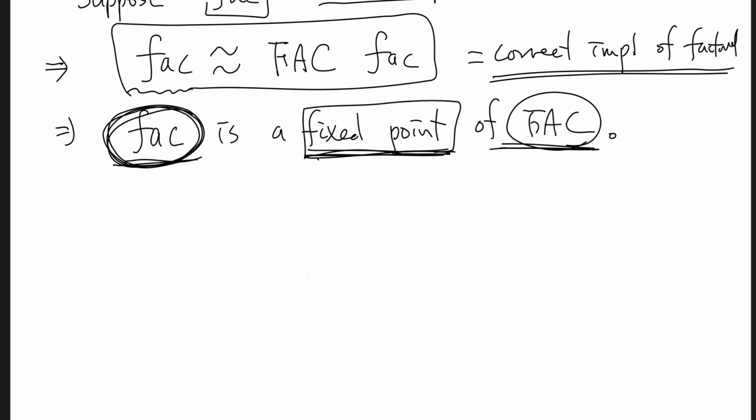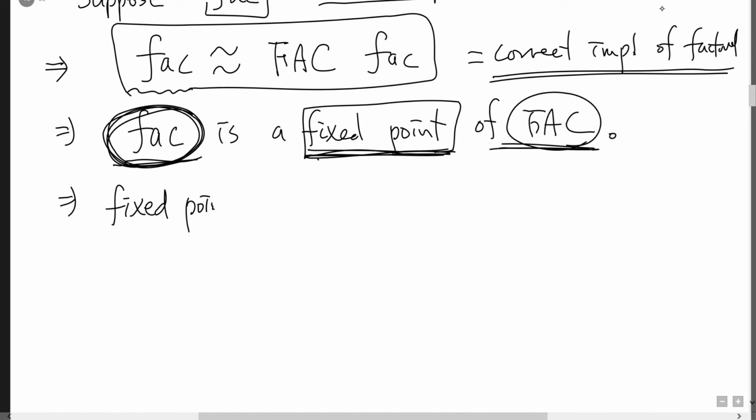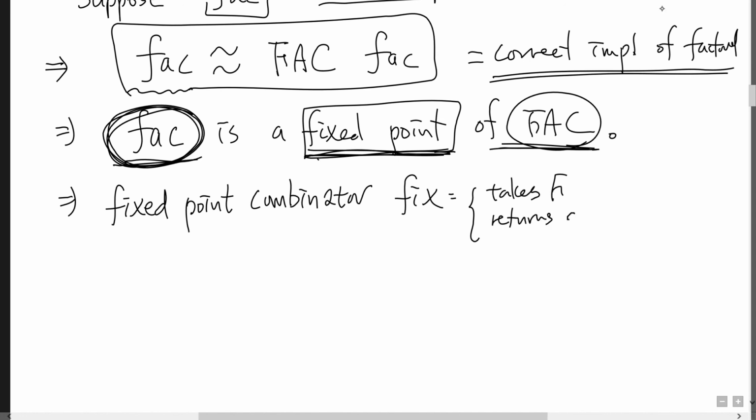It turns out that in lambda calculus, there is something called a fixed point combinator, fix, which takes a function f and returns a fixed point of this function f. So there's such an expression of a fixed point combinator. We will see the actual expression later.